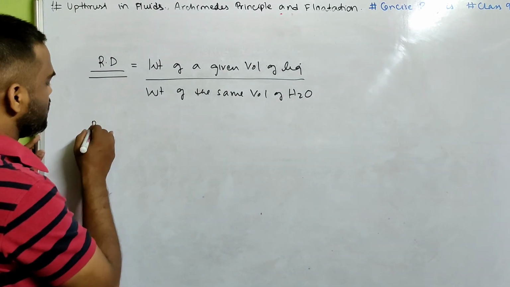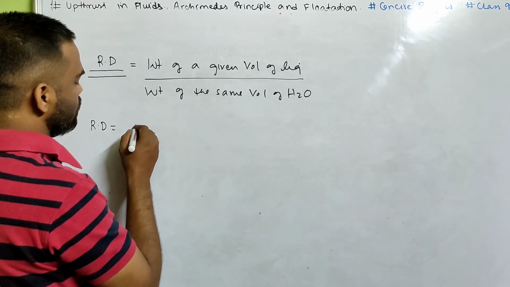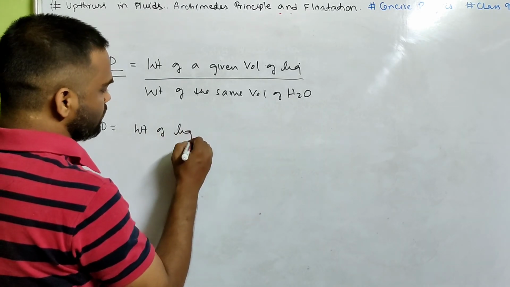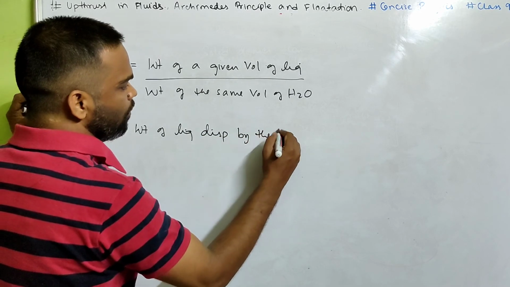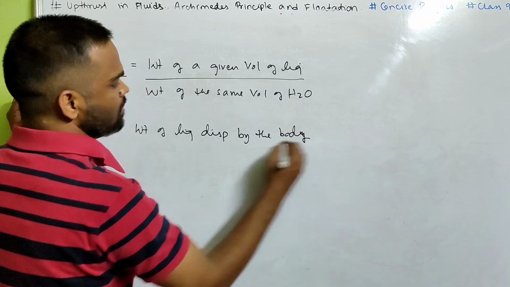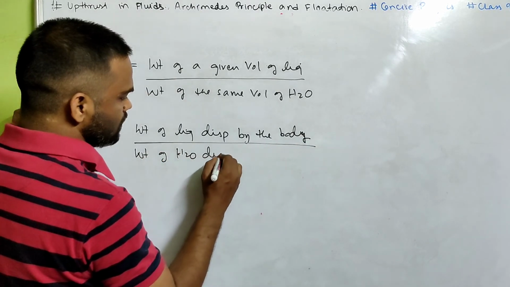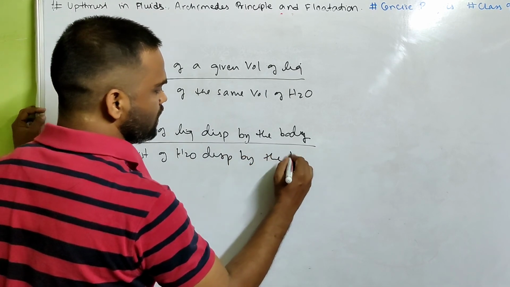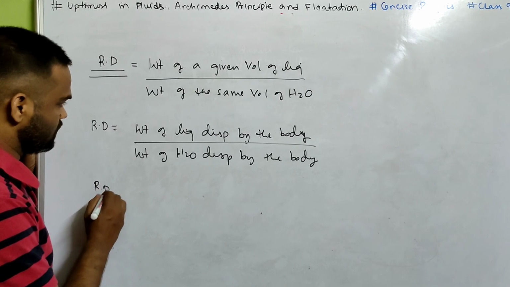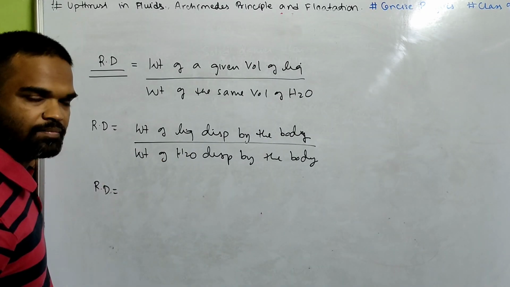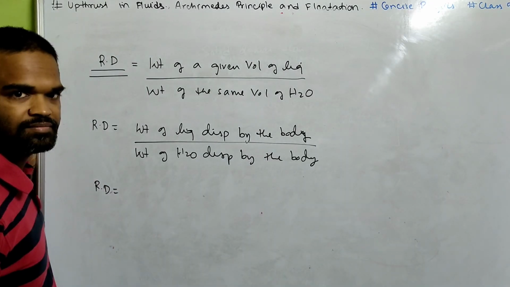Which means I can write weight of liquid displaced by the body by weight of water displaced by the body. Yes or no? And weight of liquid displaced by the body when it is immersed in it is nothing but loss in weight, isn't it?